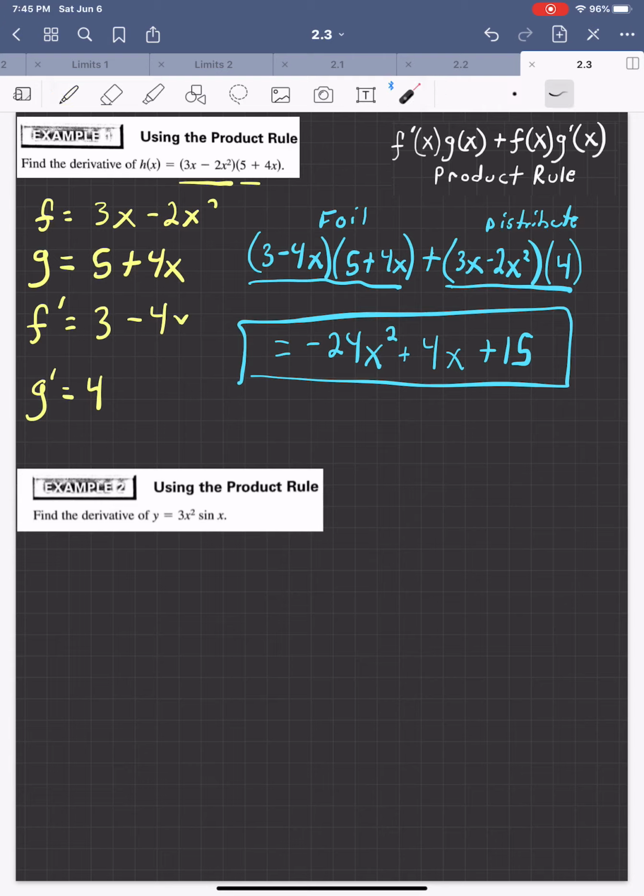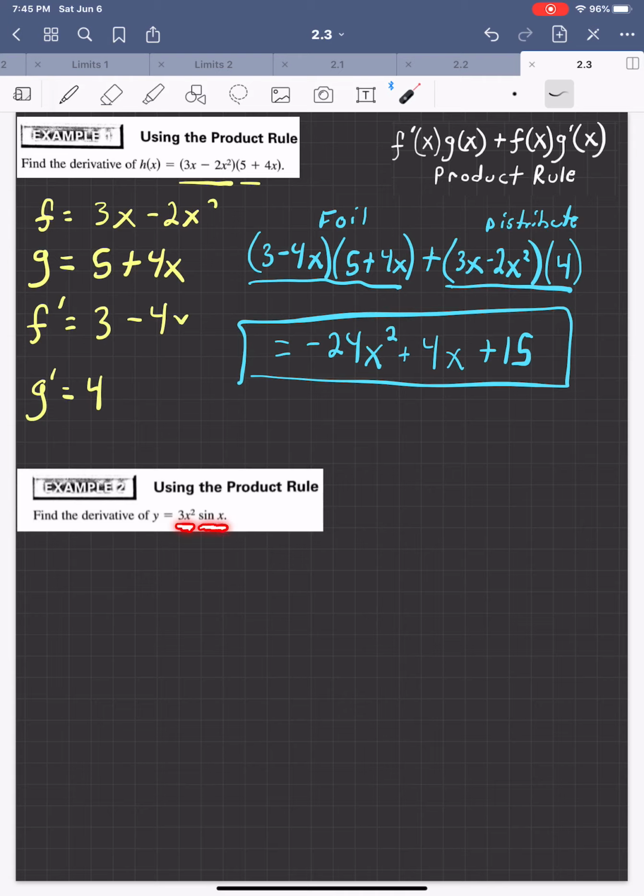again, something that can be obvious, but I've seen it plague students for a long time before they realize the obviousness of it. So if your question is, when do I use the product rule versus a power rule, right? Well, notice that you have 3x squared times sine of x.